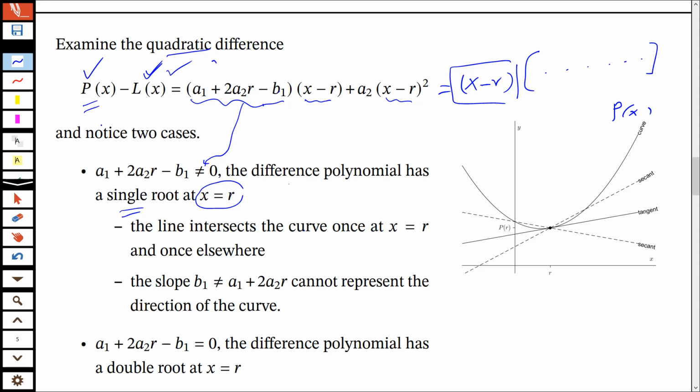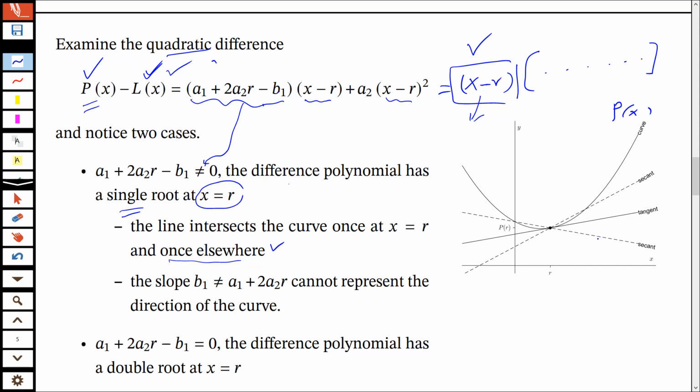A quadratic polynomial must have two intersections with a line. The other intersection must be elsewhere. Why I am saying this is because when you set X equal to R, this will be 0, but the other will not be 0. So this will be 0 only because of this one intersection.